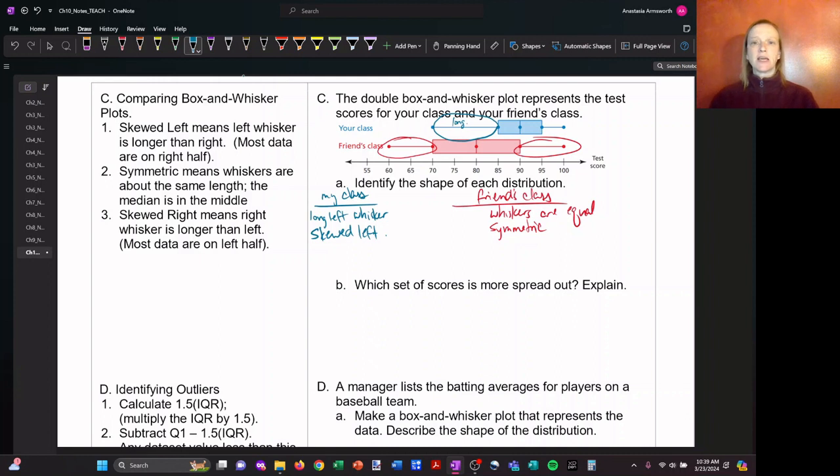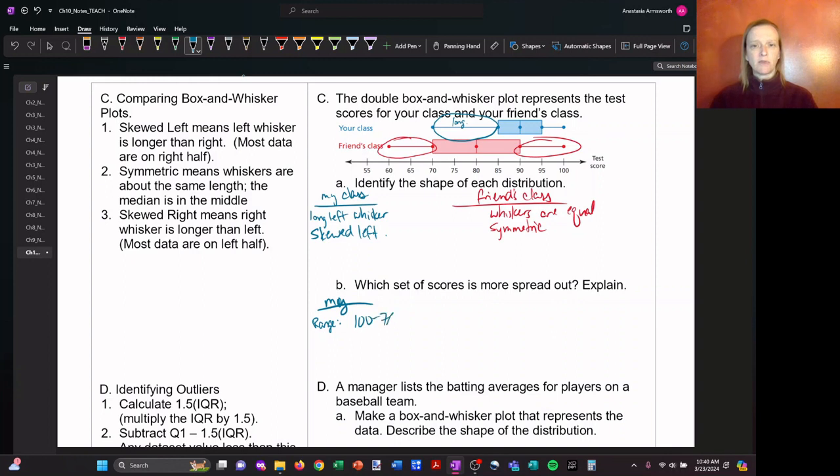The next question is asking which set of scores is more spread out. So this is my class again, written in blue. If you look at the range of data, my range of data just goes from 70 to 100.